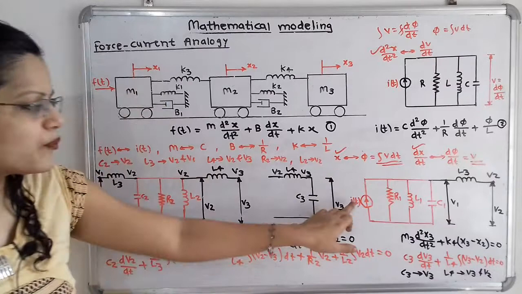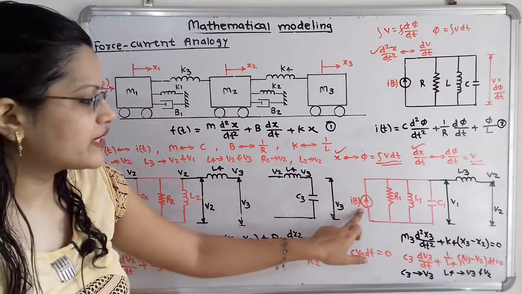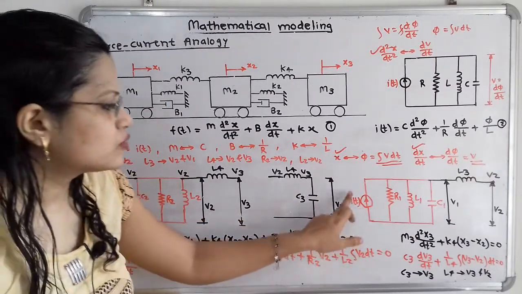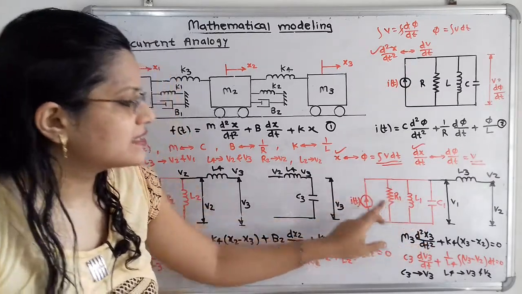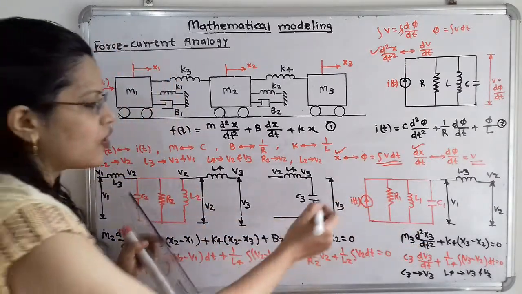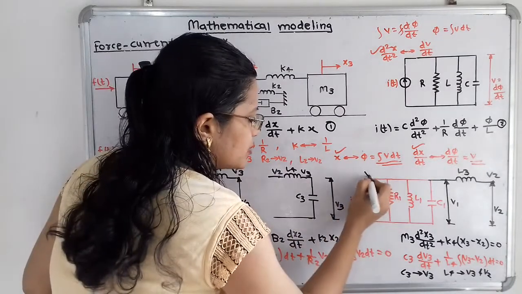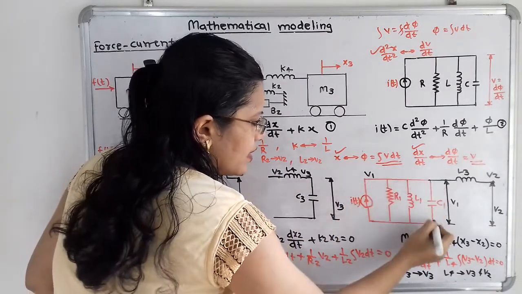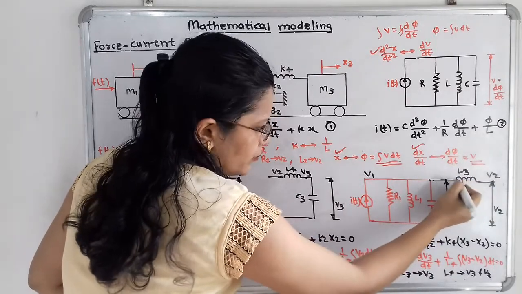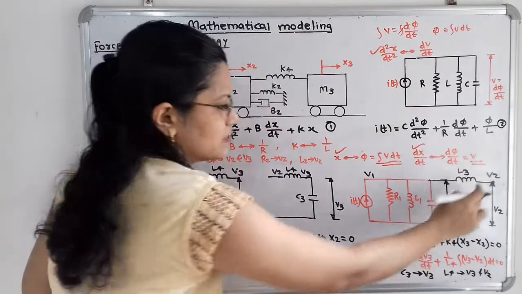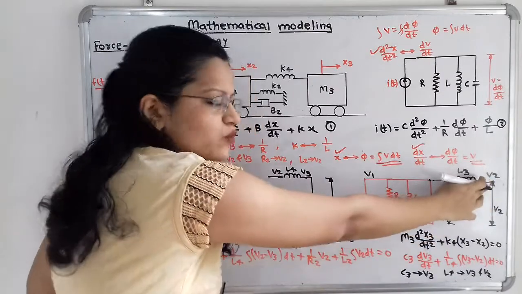First the input is there, I of t, we have to start from here. After that, all these three elements are having voltage V1. So along this line there is voltage V1. Then again in between this voltage V1 and V2 there is L3. So we have to show L3 in series. Here voltage V2 starts.